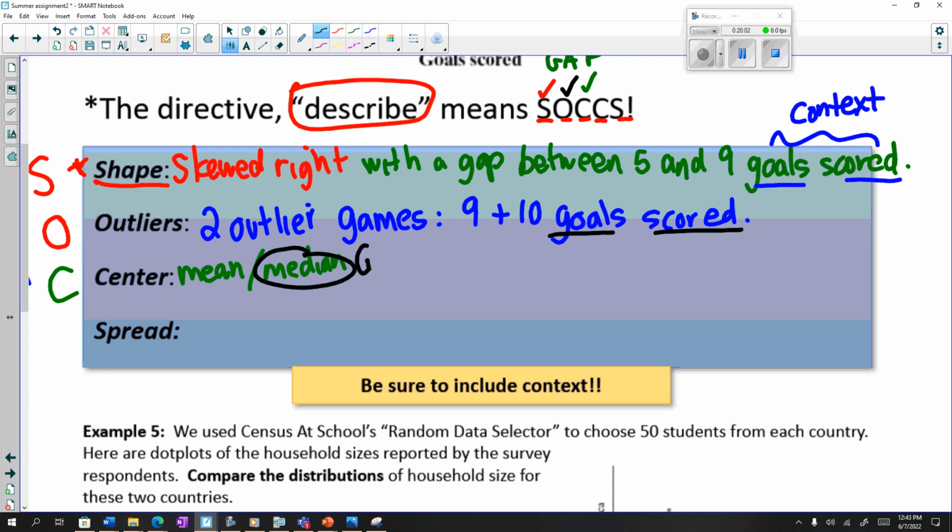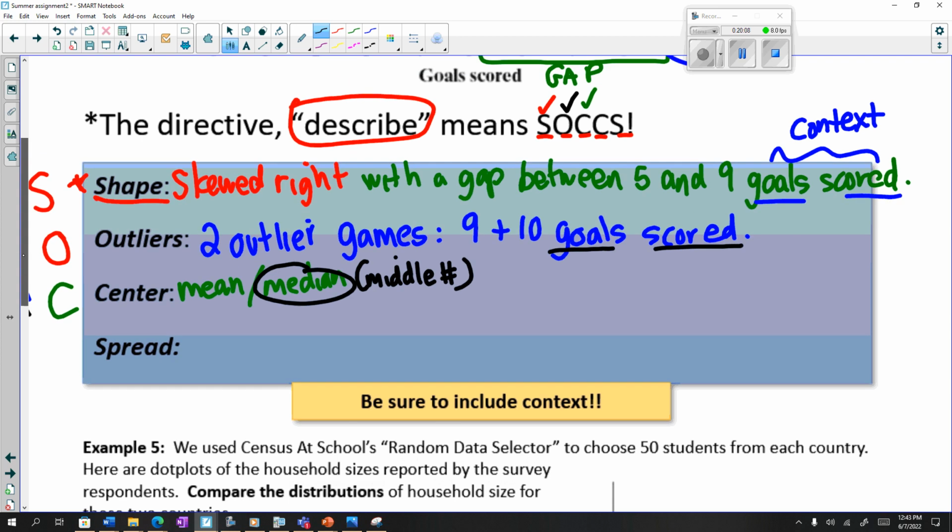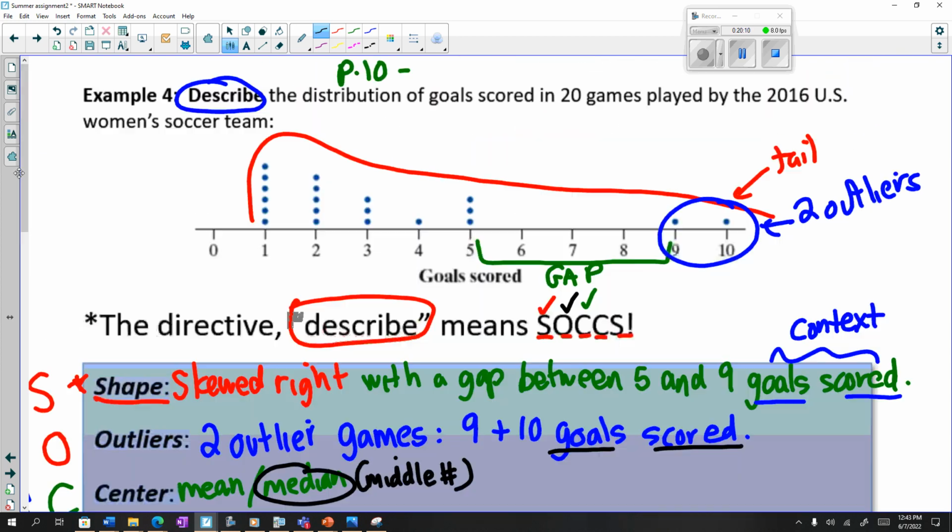The median is the middle number, right? So remember what you would do back in the day to get the middle number? You would kind of, just to find the middle number, cross out, one from each side. So let's do that. I think I screwed up here already.